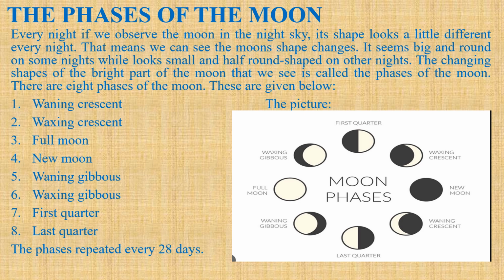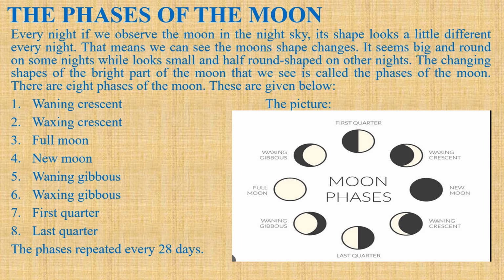It seems big and round on some nights while looking small and half-shaped on other nights. The changing shapes of the bright part of the moon that we see is called the phases of the moon. There are 8 phases of the moon.